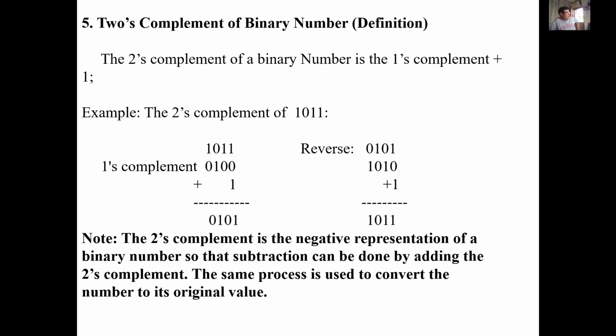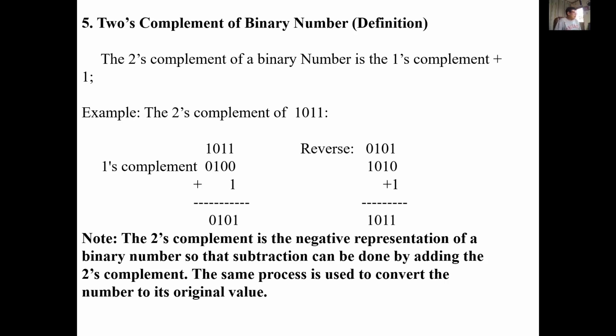What is a two's complement? The two's complement is actually our format for representing the negative value of a positive integer or even a fraction. The two's complement of a binary number is its ones complement plus 1. Remember that you first compute the ones complement and then you add 1.